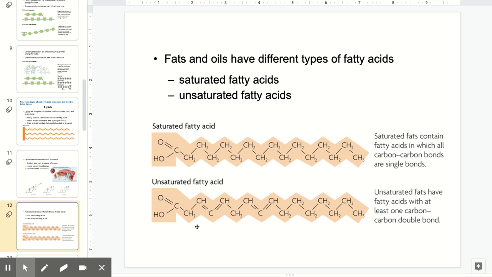But if we look down here, we see some double lines, and those are double bonds. We call those unsaturated fatty acids. Again, it's more kind of a structure connotation, but at the same time, it does have different effects in living things in terms of how these fats are incorporated into the living thing.